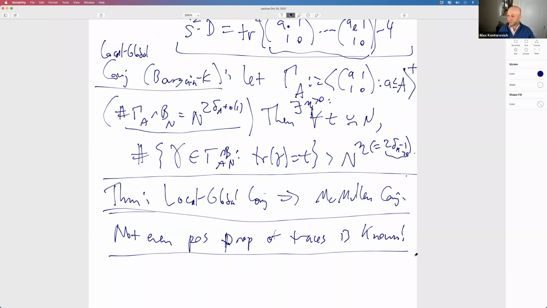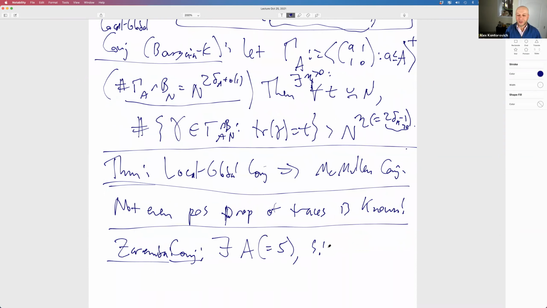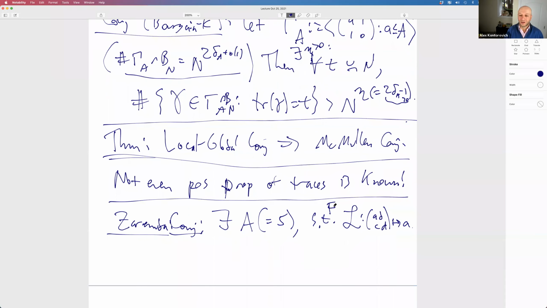There's a related conjecture, which is due to Zaremba, where one can say something more. It's still a wide open conjecture. It says that there exists some A, maybe A equals 5 is enough, such that if you look not at the traces, but at the linear map that takes A, B, C, D not to A plus D, but just to A, for example the 1, 1 entry of the matrices, then the values of this form on this same semigroup achieve all natural numbers.